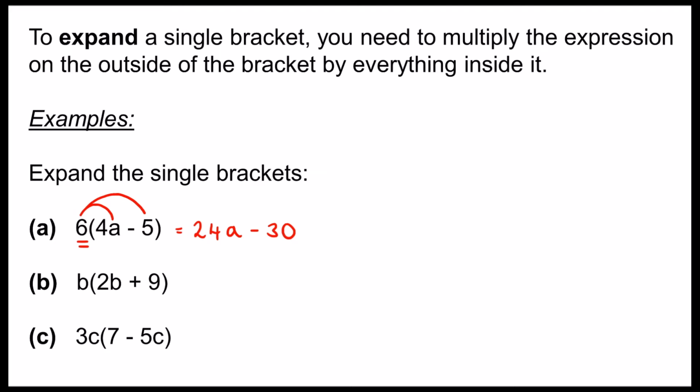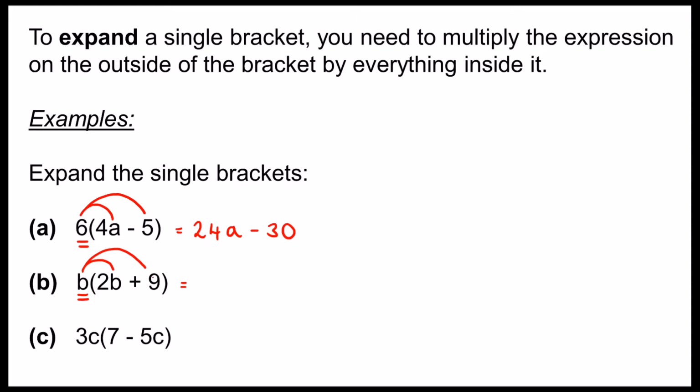In the second example, we have a b on the outside of our brackets and 2b plus 9 on the inside. This means that I need to multiply everything inside my bracket by this b. So firstly we do b times 2b, and then we need to do b times positive 9.